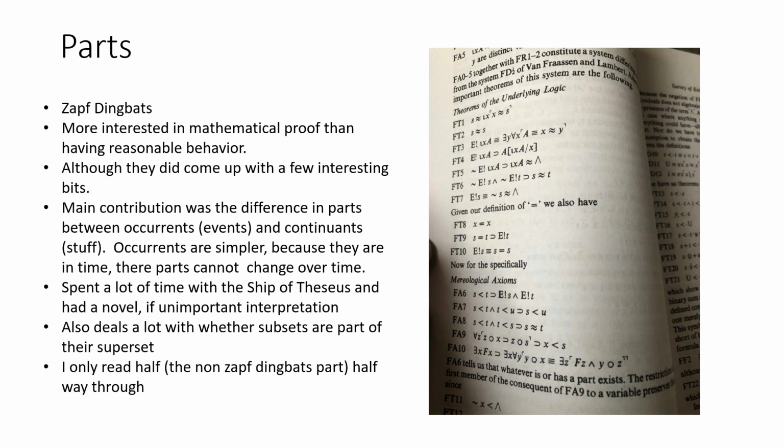He spent, of course, as any good philosopher would, a lot of time on the ship of Theseus problem. For those who are new to that one, Theseus had this boat, and he sailed around the Mediterranean and was constantly replacing the sails and the mast and every plank on the side of the boat and the deck and everything else.